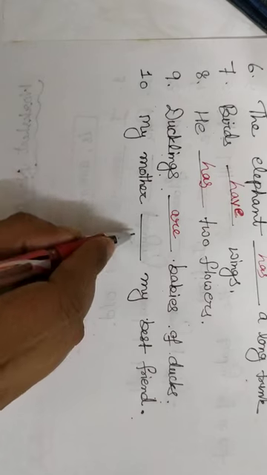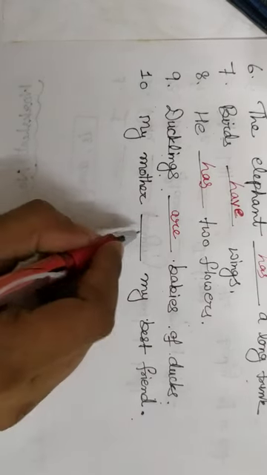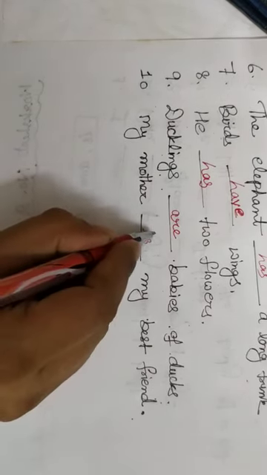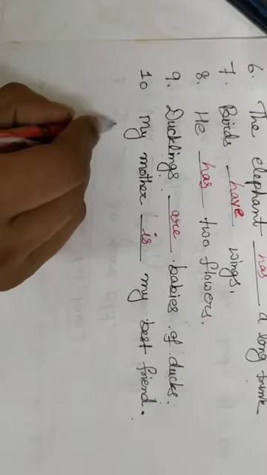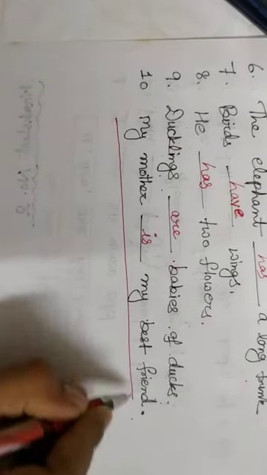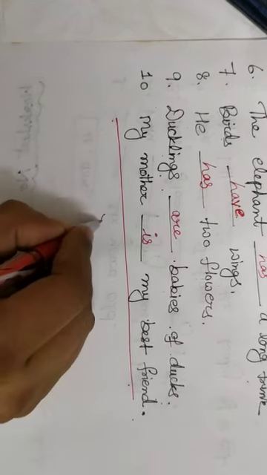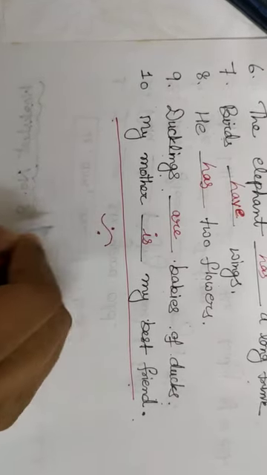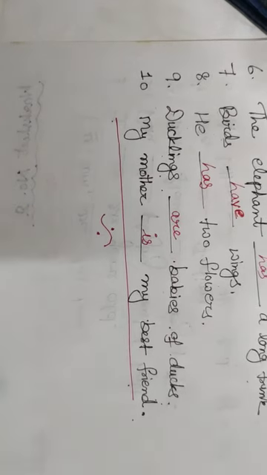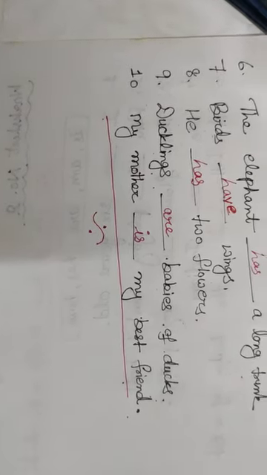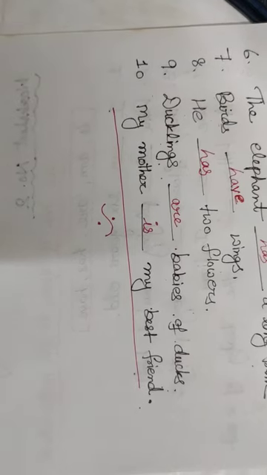My mother is or was or has have is. My mother is my best friend. Is it true? Your mother is your best friend. So my mother is my best friend. Now, that's all for today. Let's start doing it. Okay, in your practice book.